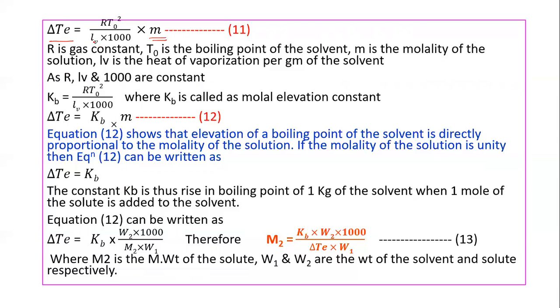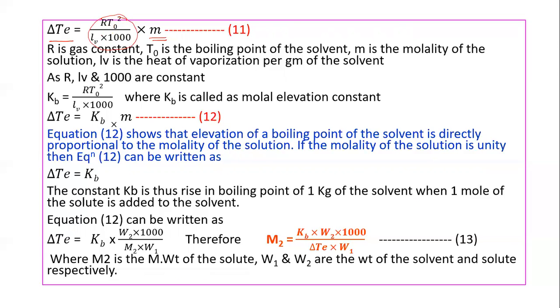Now in equation 11, you can see R is a constant, the gas constant. What is T0? T0 is the boiling point of the solvent. It is also constant. LV, heat of vaporization per gram of the solvent, is constant, and 1000 is a constant value. So all the values are constant. So instead of writing this, we can write one constant, RT0 square divided by LV into 1000.